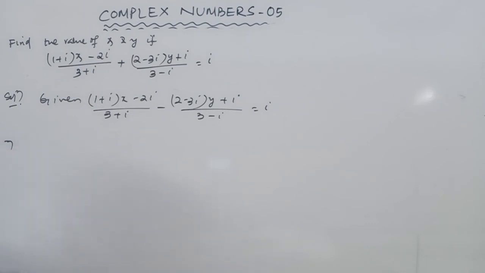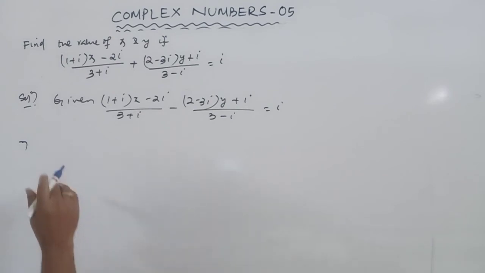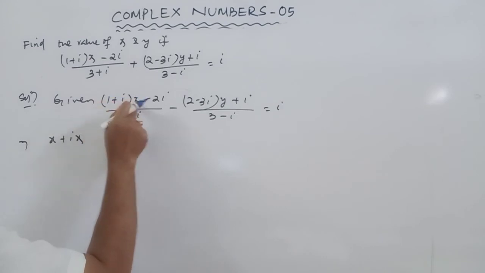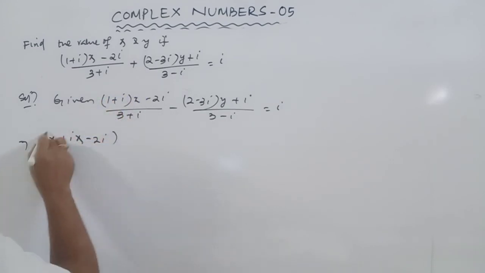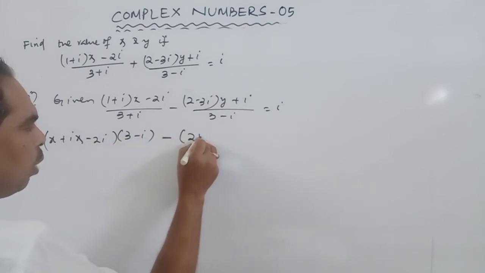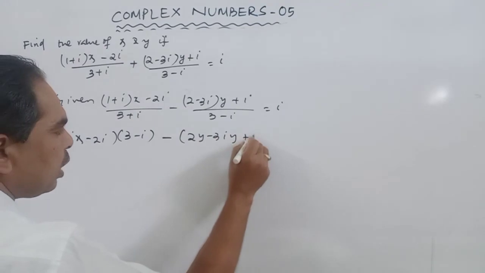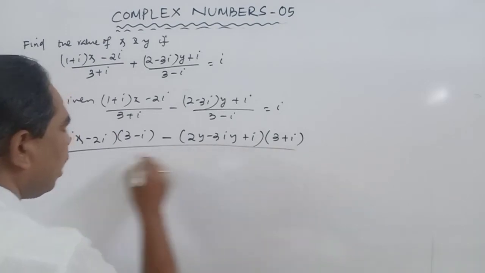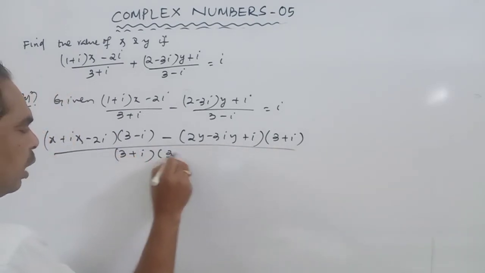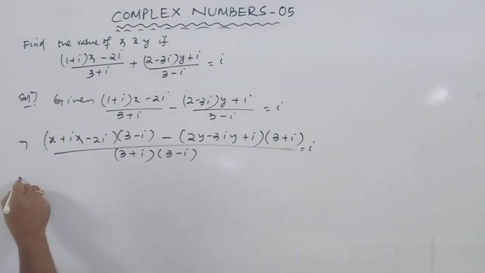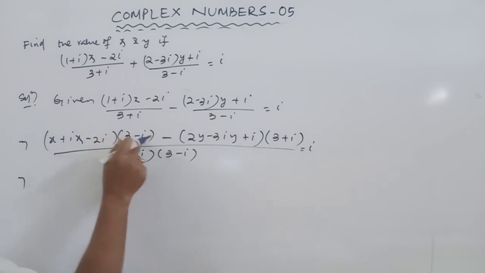So this implies ((x + ix − 2i)(3 − i) − (2 − 3i)y + i)(3 + i) divided by (3 + i)(3 − i) is equal to i. Okay, so multiply with each other.